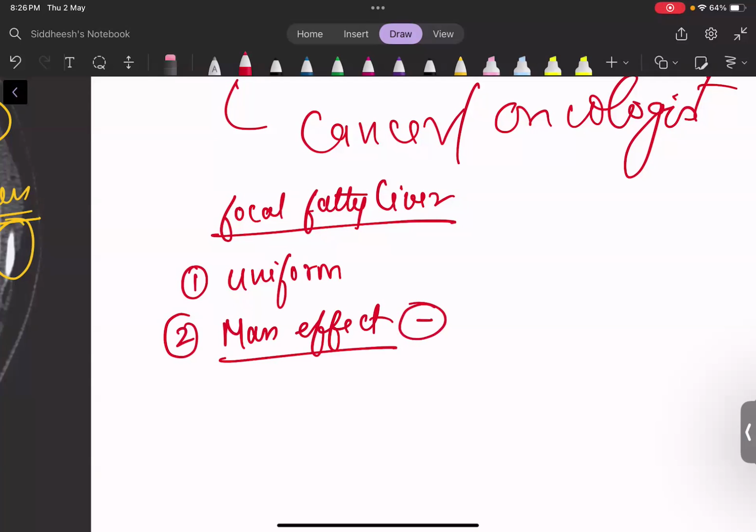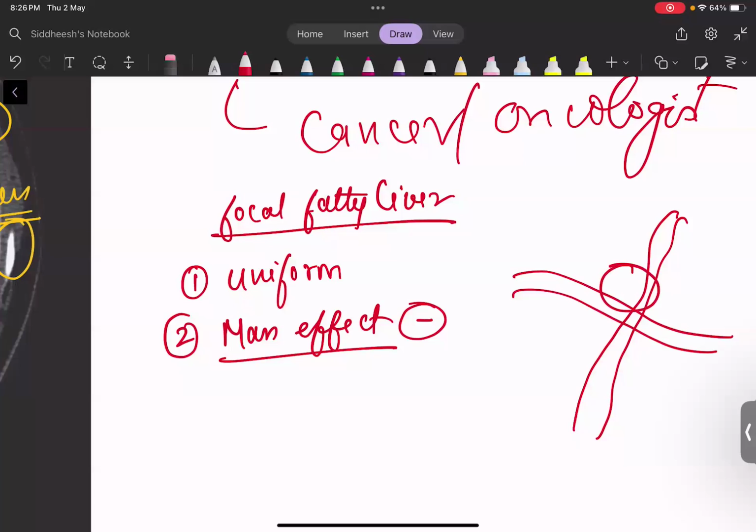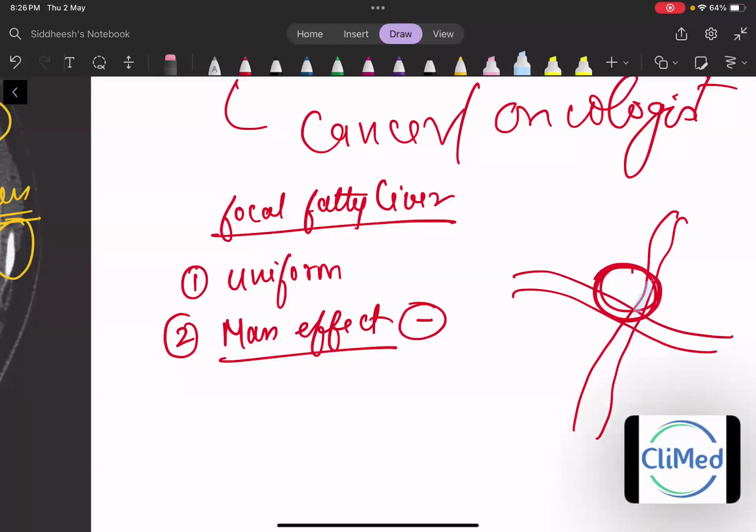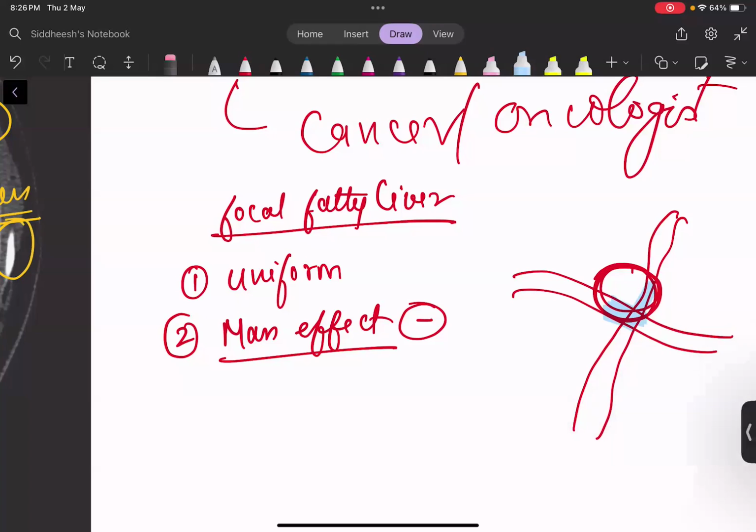Mass effect is what? Suppose this is the artery going, this is the vein going, and here we have some tumor or hypoechoic lesion, because of which we get compression of the artery and the vein. This is known as a mass effect. But this mass effect will be absent in the case of focal fatty liver. What if the patient has cancer?